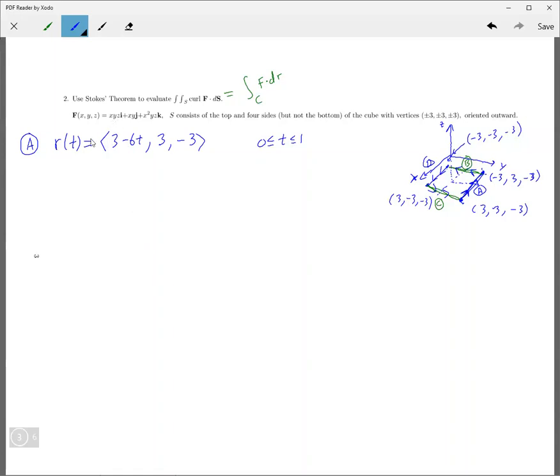Now F of r of t is going to be, for x, you put 3 minus 6t, for y you put a 3, and for z you put a negative 3.